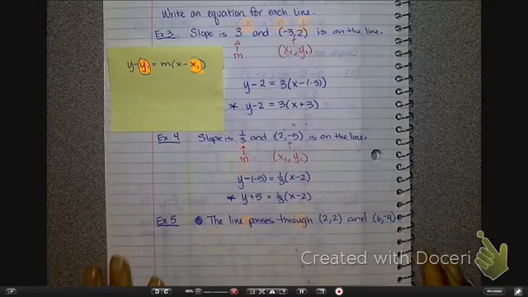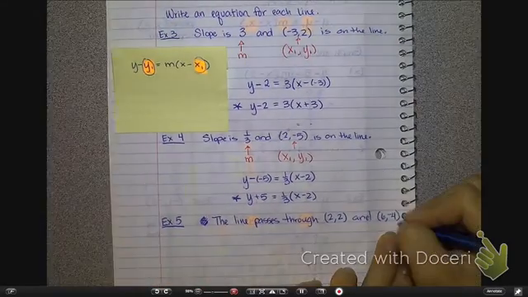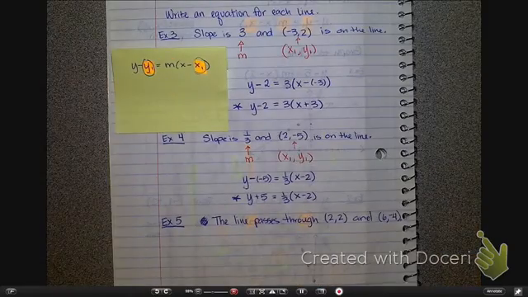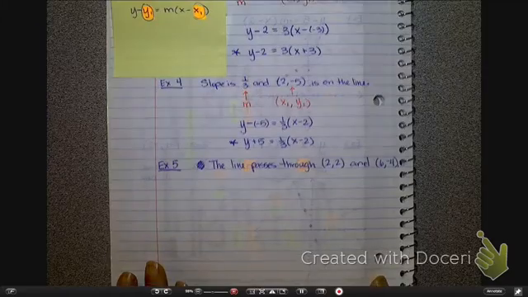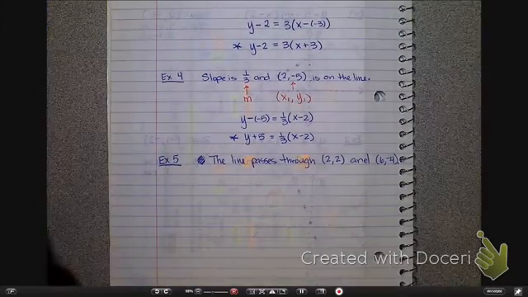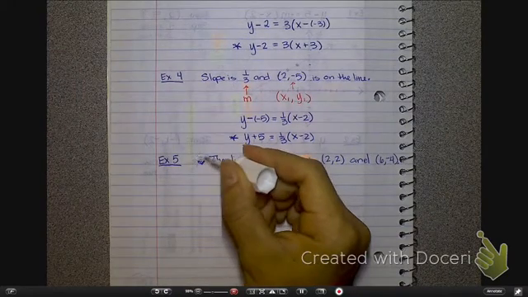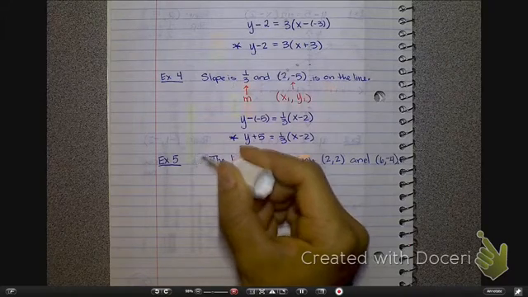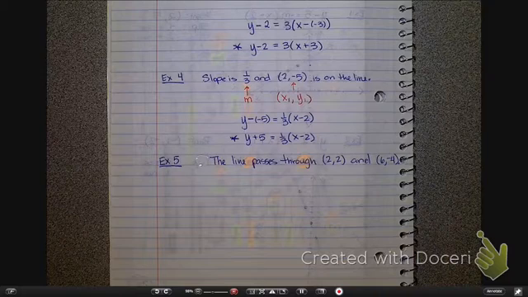Okay, the line passes through 2, 2, and 6, -4. All right, why is this one harder? Did it tell you a slope? No. Could I use either one of these points as my x1, y1?